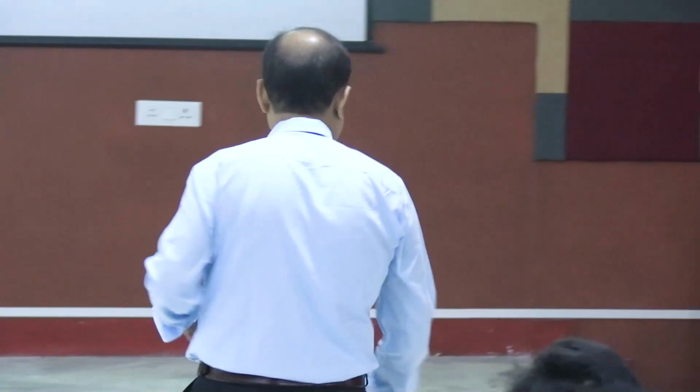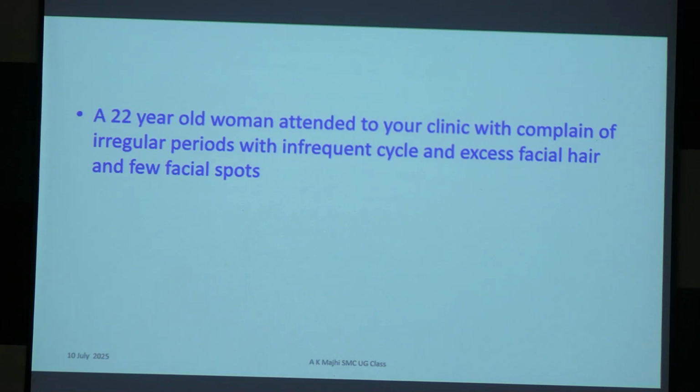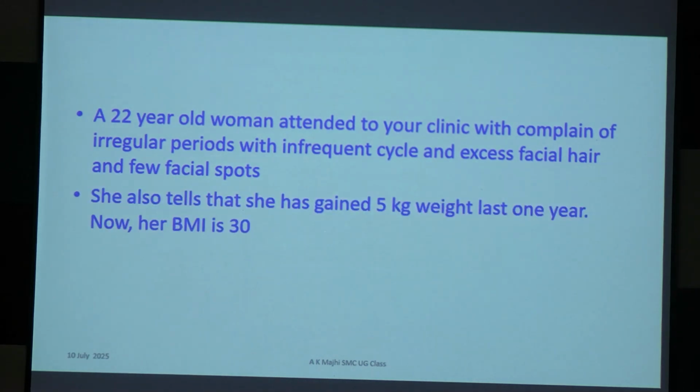So, you see, a 20-year-old woman attended a clinic with a complaint of irregular periods for 2 years, with infrequent cycles, excess facial hair and a few facial spots. She also tells that she has gained 5 kg of weight in the last 1 year. Now her BMI is 30.